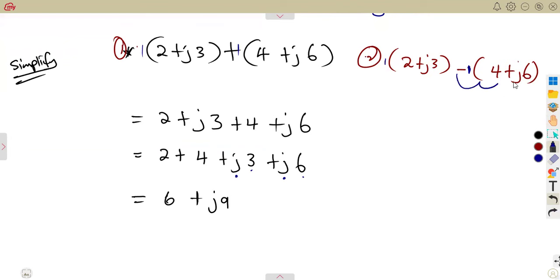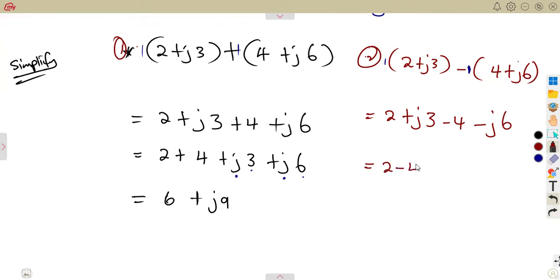So the minus, just like subtracting, expand everything with that minus. So this was going to be 2 plus J3. Then it's minus times this, which is -4. Minus times J6, minus J6. The negative affects everything. So you're back to those terms, the real terms, the 2 and the -4.